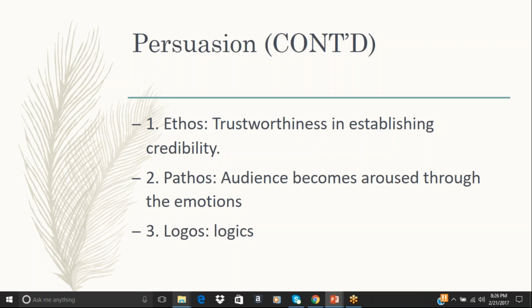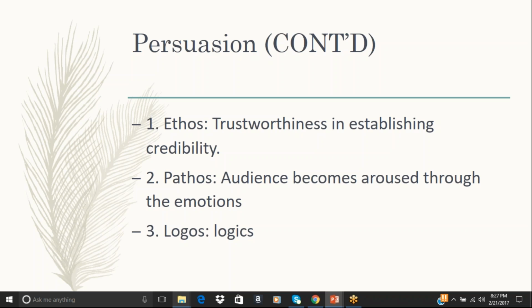So trustworthiness in establishing credibility, the audience becomes aroused through the emotions, that is pathos, and logos, which is logic. When you're trying to convince someone of a particular argument, you want them to be able to see the soundness of what you are saying. That's why you're speaking to logos.